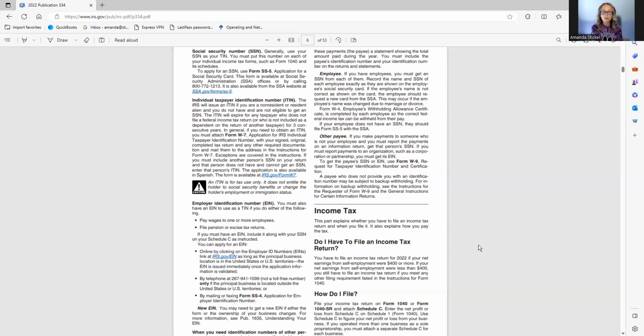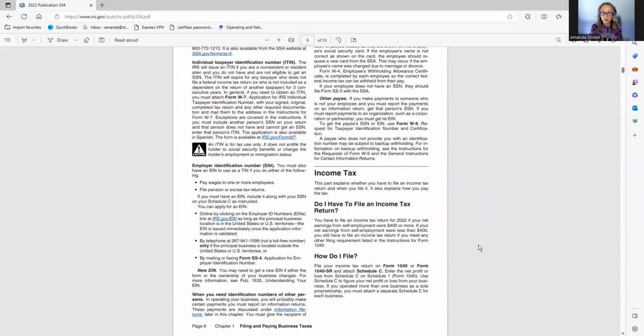To get the payee's social security number or EIN, use Form W-9, Request for Taxpayer Identification Number and Certification. A payee who does not provide you with an identification number may be subject to backup withholding, which I believe is 28% right now. For information on backup withholding, see the instructions for the requester of Form W-9 and the general instructions for certain information returns.